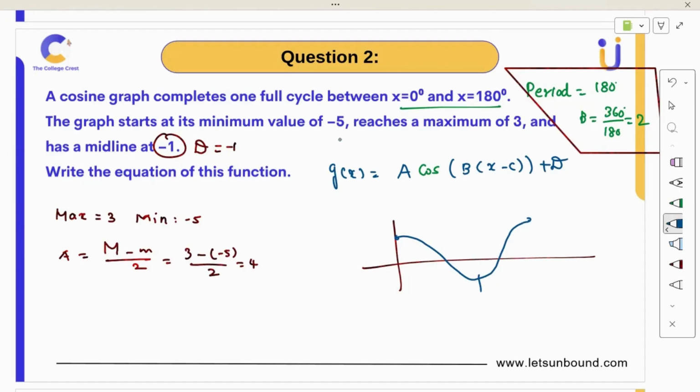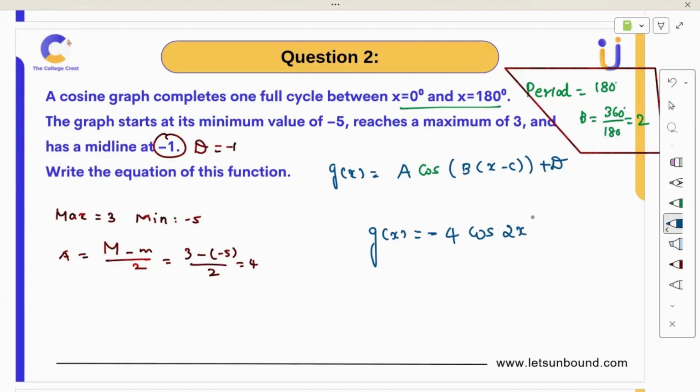Here the graph starts at minimum, so it will go something like this. So this is a reflection, right? Just the opposite of it. So for sure, the reflection means the A value should be negative. Already I got A, but for reflection, when I plug in, I will use -4. So g of x is -4 cos, your B is 2x, no phase shift, nothing about horizontal shift given, and then -1. -4 cos 2x - 1.